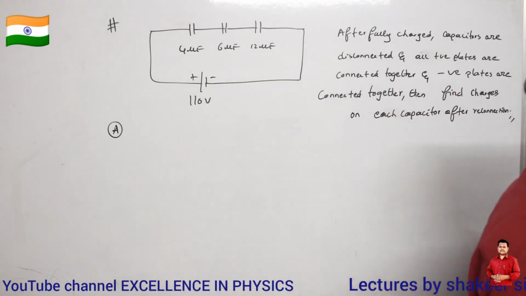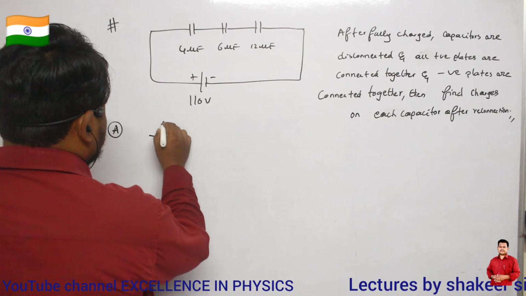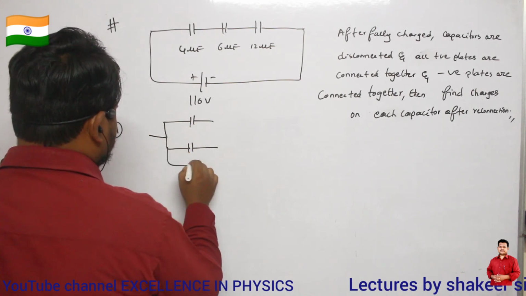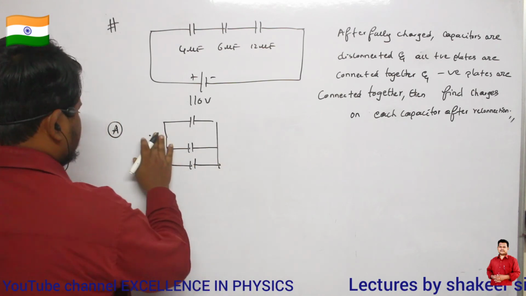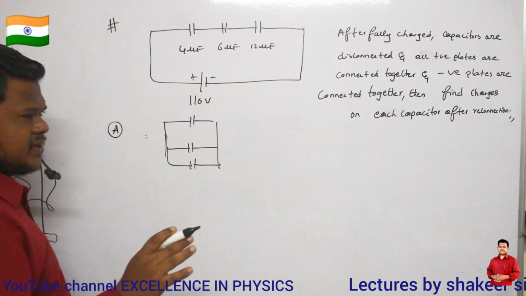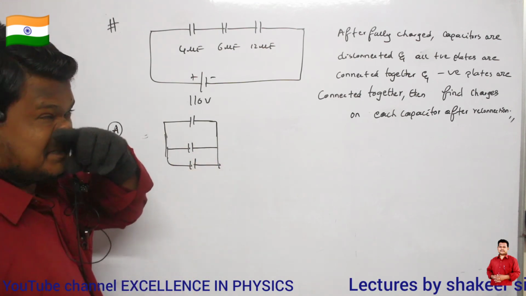How can I do it? Clear? So after fully charging, this is one capacitor, this is another capacitor, this is another capacitor. Just I am joining all 3 of them. Now they are not connected to any battery, just connected in this type of parallel connection. Clear, no?